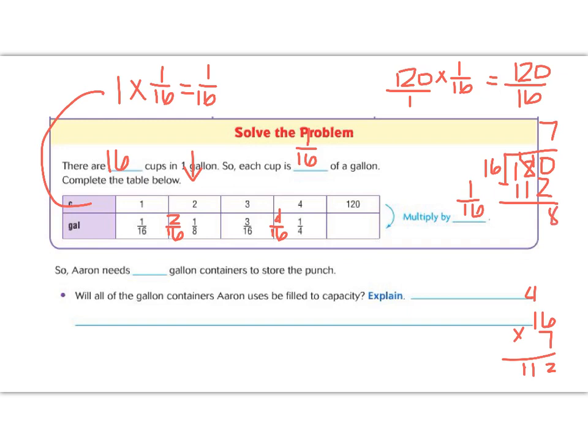So that gives us 7 as our whole number, with 8 out of 16 left. Or we could call that 7 1/2. So that must mean that Aaron needs 8, notice I said 8 gallon containers, because if he has 7, he's going to have half a gallon left over. So we need to round up. He needs 8 gallon containers to store all of his punch.